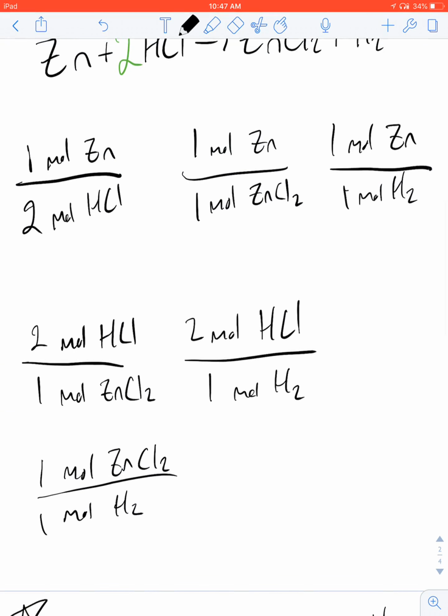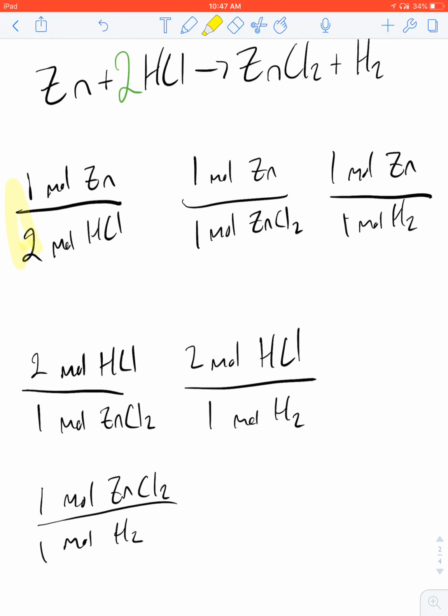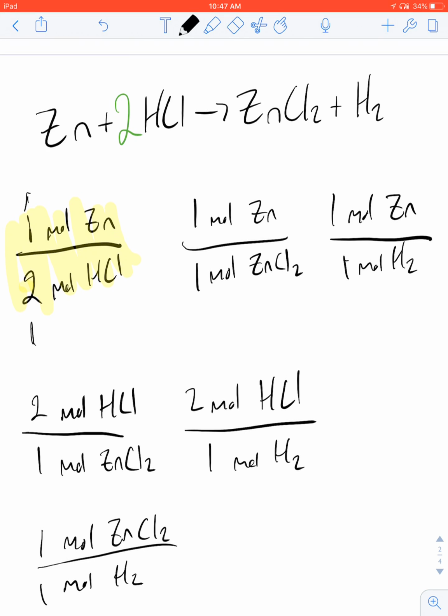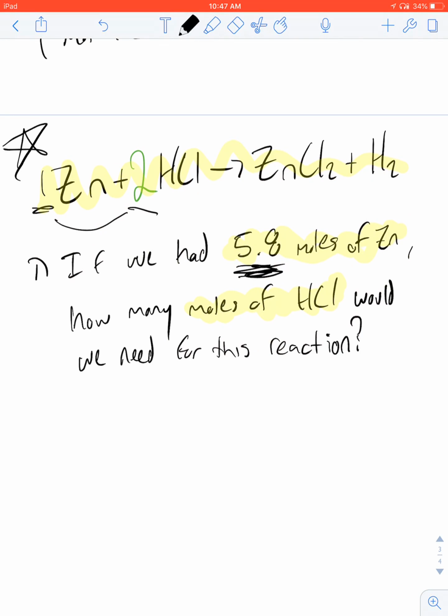And that's from our wonderful mole ratio right here, right? 1 mole of zinc for 2 moles of HCl in order to make this reaction take place. We know that information. However, in our question, we're no longer talking about 1 mole of zinc, we're talking about 5.8 moles of zinc.